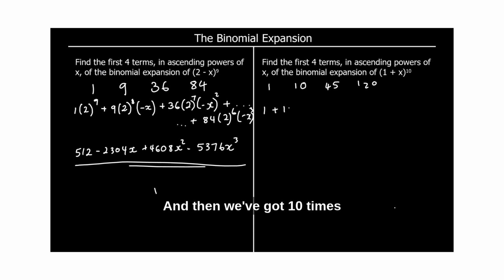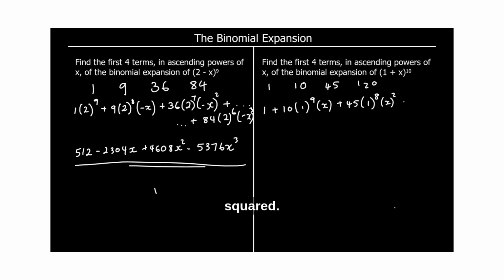And then we've got 10 times 1 to the power of 9, x to the power of 1. 45 times 1 to the power of 8, x squared, and 120 times 1 to the power of 7, x cubed. So that should give us 1 plus 10x plus 45x squared plus 120x cubed.